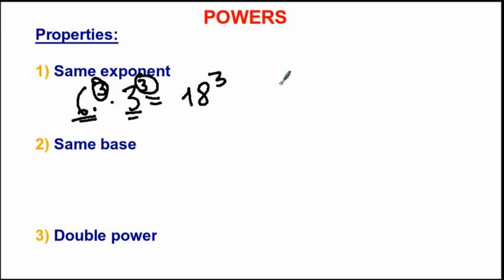And the same for division. 6 to the power 3 divided by 3 to the power 3 is equal to... let's see, the exponent is the same, so you have to divide the bases. Here you have to multiply bases, and here you have to divide because there is a division.